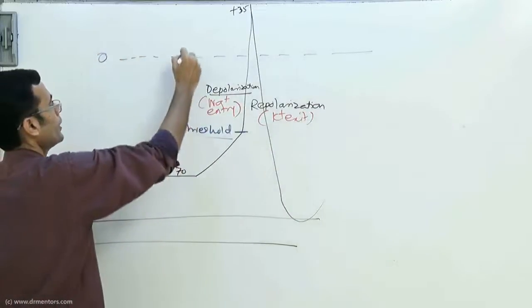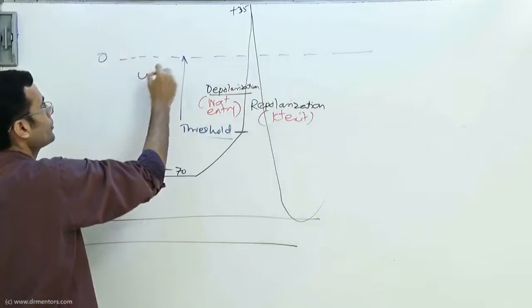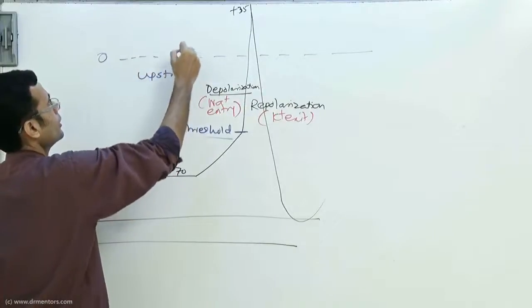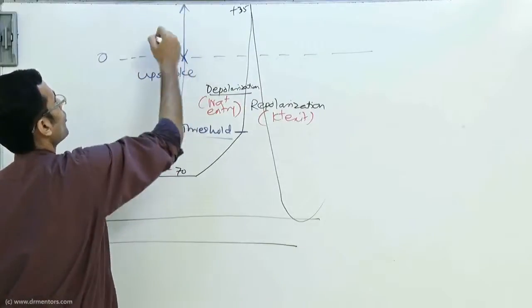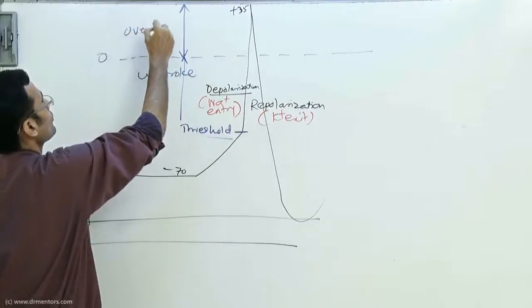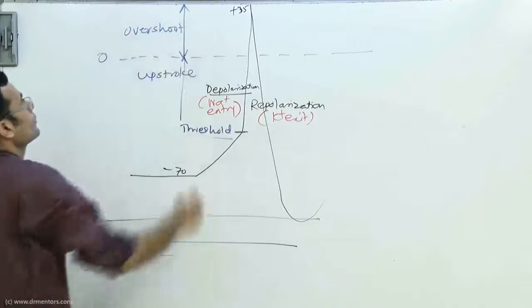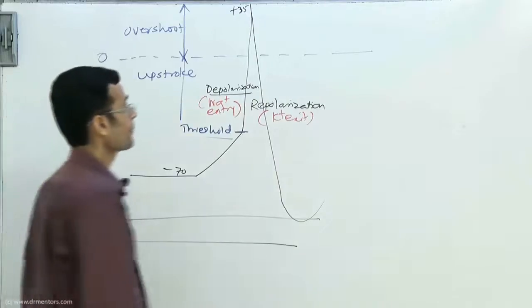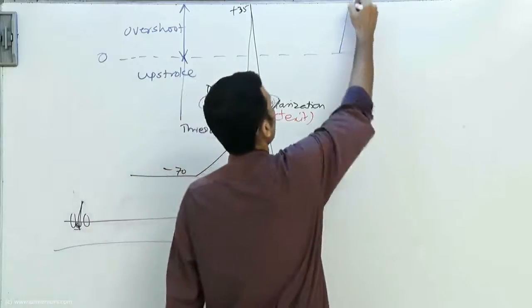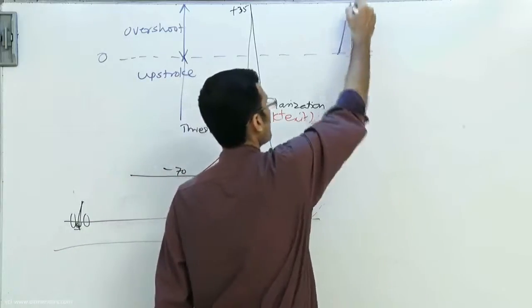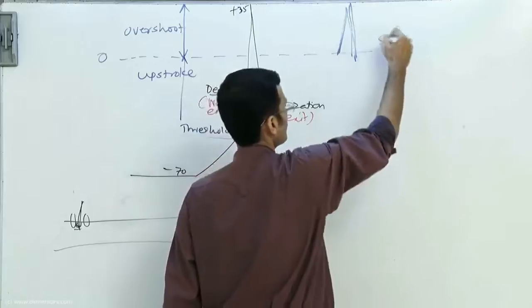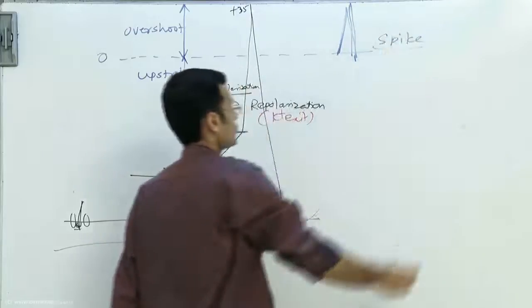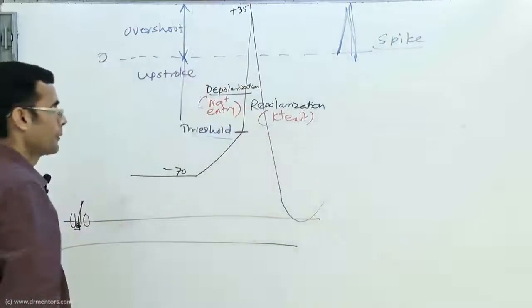This part above threshold is called upstroke. The part above zero is called overshoot. Upstroke and overshoot are the phases of depolarization. And the entire graph above zero, or rather the rapid rise and rapid fall of the graph, is called spike. So spike is a rapid rise and rapid fall.